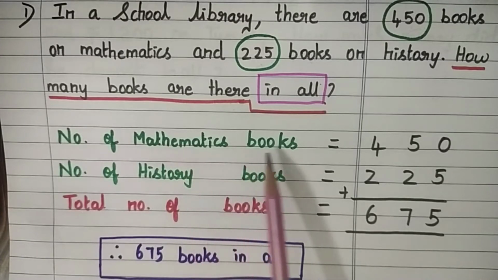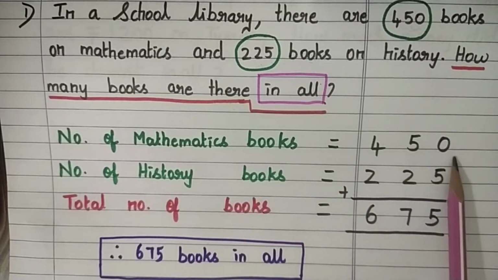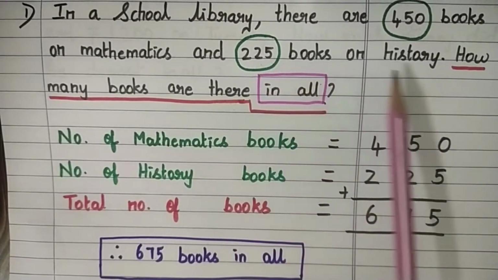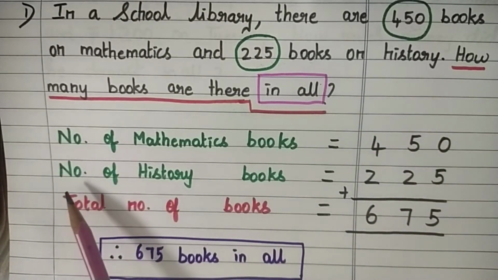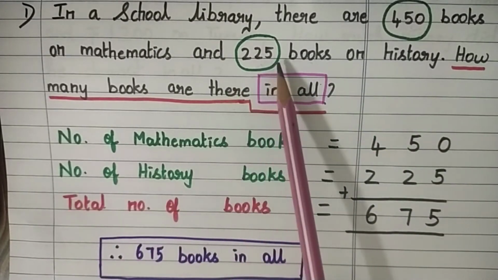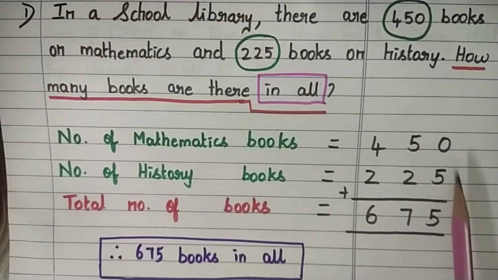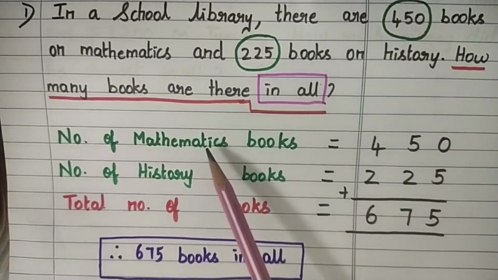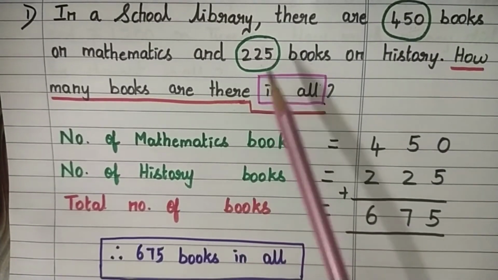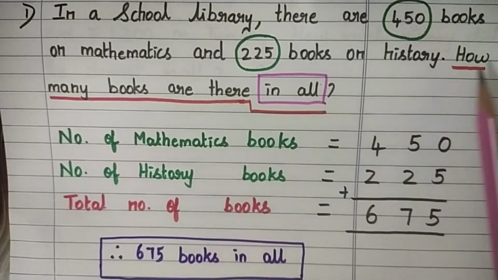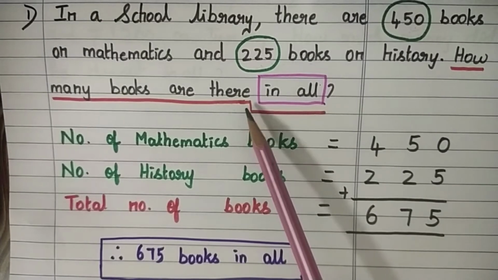Number of mathematics books is equal to 450. And 225 books on history. So how many history books do we have? 225. So number of history books is equal to 225. So that is the second information statement. And then we are going to find the solution.